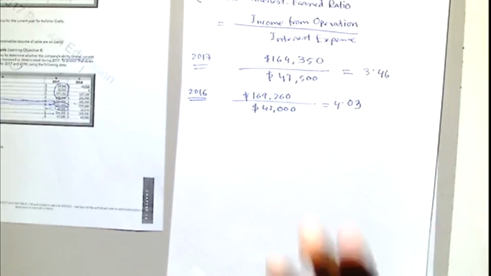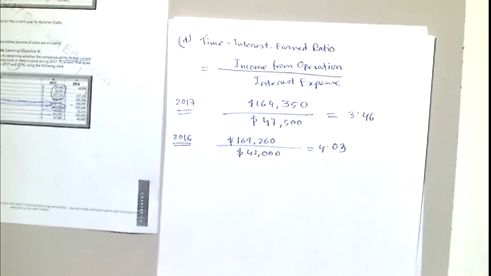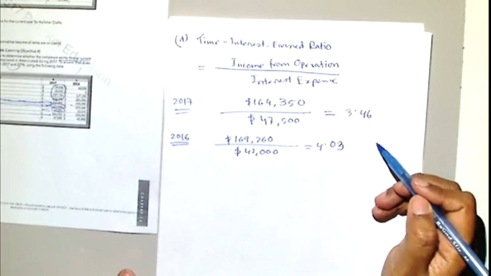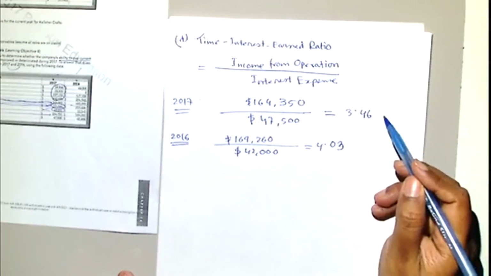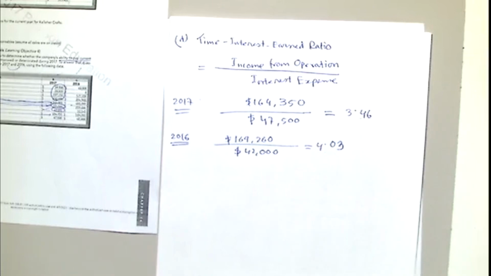So you see here they are still not doing well because their times interest earned ratio actually went down from 16 to 17, which is not good, right? Well, they're still okay as long as it's more than 1. But it's not that all of your operating income you will pay as your interest. So if it's more than 2, 3, higher is the better.